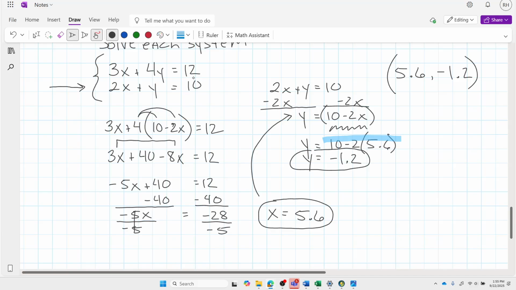So these two lines, if you graphed them, would intersect at 5.6 and negative 1.2. Questions? Let's try another one.